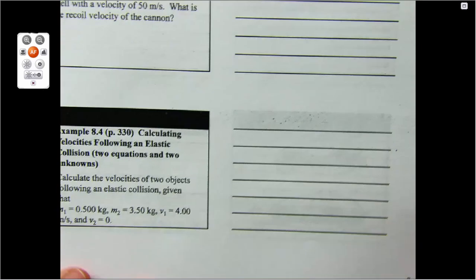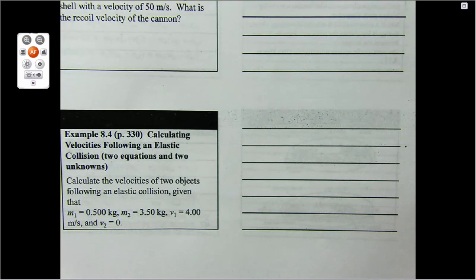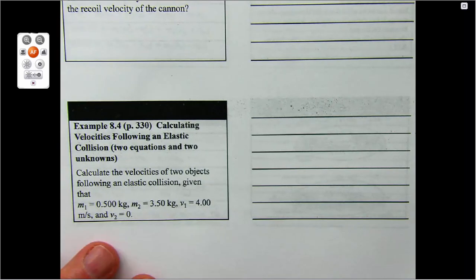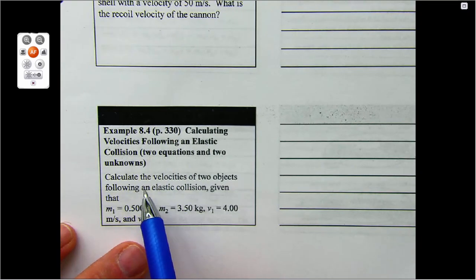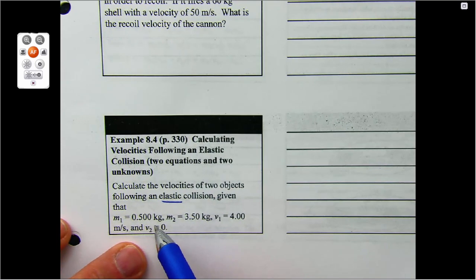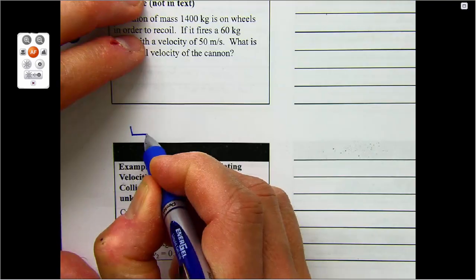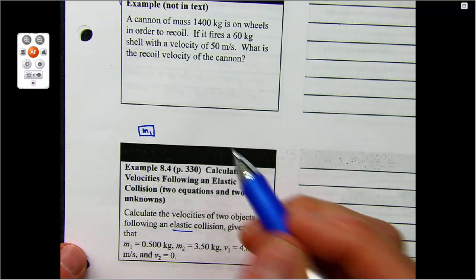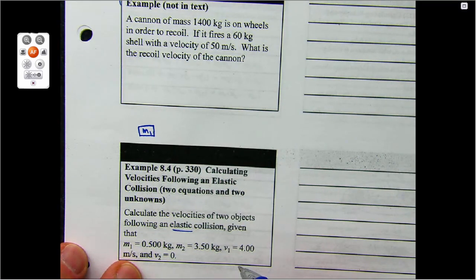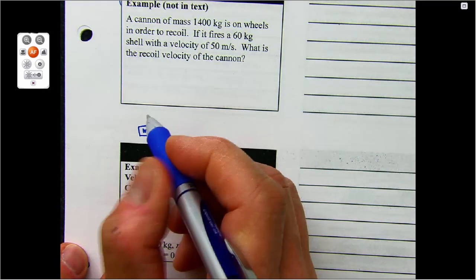We're going to need all the room we've got. Here's what we've got for this situation, and I'm going to set it up like the air track. Calculate the velocity of two objects following an elastic collision given that M1 is going 4 meters per second.